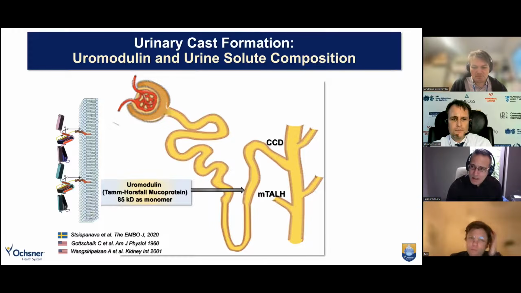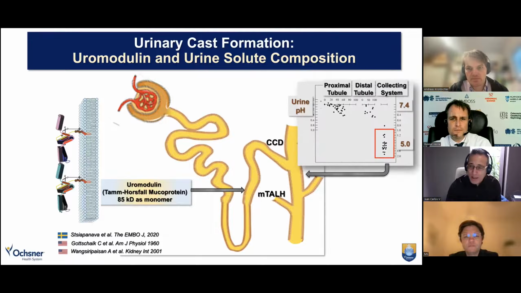Recently it has been identified as involved even in regulation of some of the anion transporters and cation transporters in the luminal side of the nephron. But what's interesting is that the pH in the urine, as you know, becomes more acidic in the collecting duct, and that favors the formation of casts.